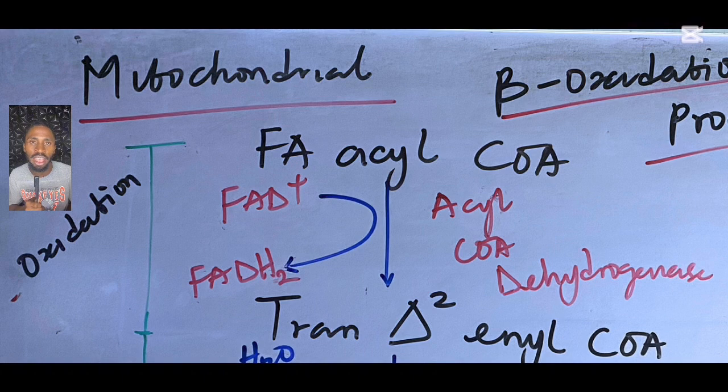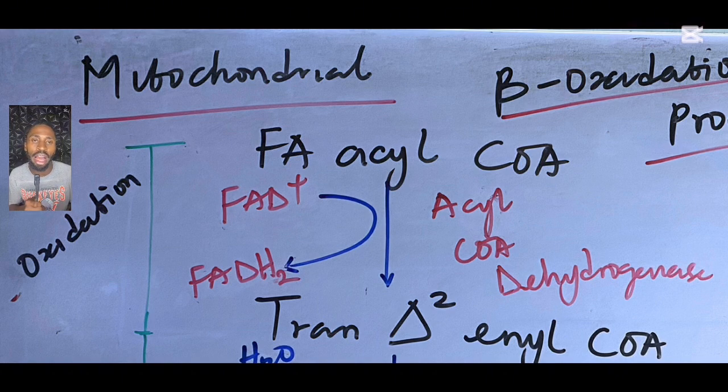We utilize the enzyme acyl CoA dehydrogenase, which catalyzes the conversion of fatty acid CoA to trans-delta 2 enoyl CoA, with a double bond between carbon 2 and carbon 3.